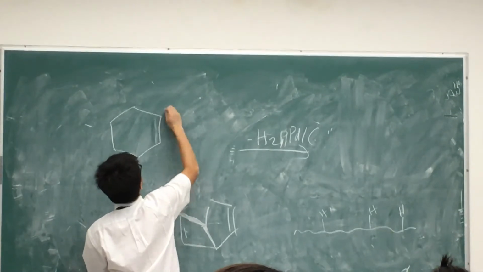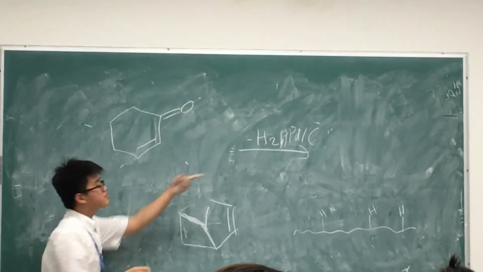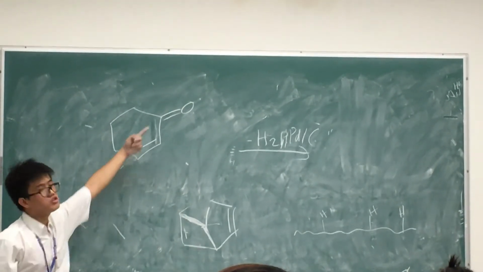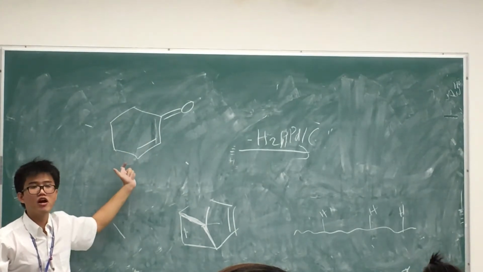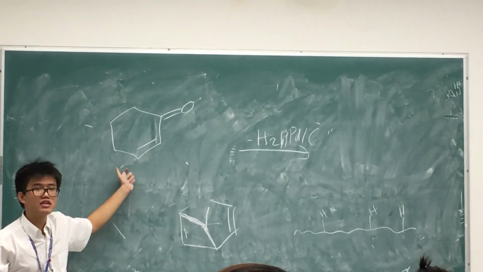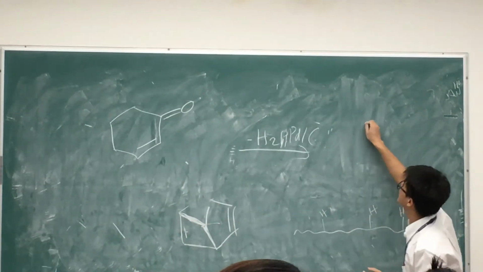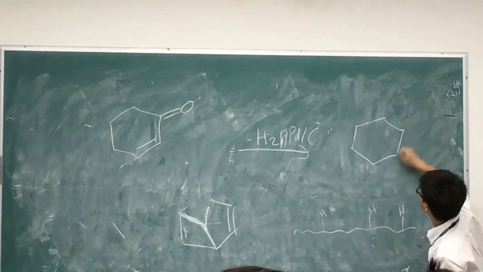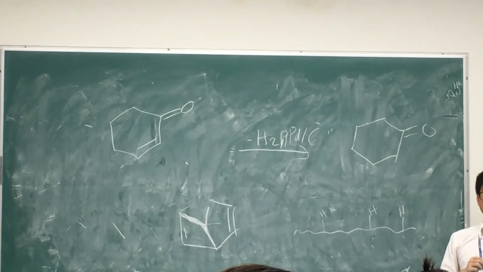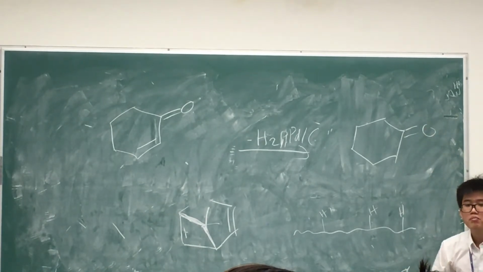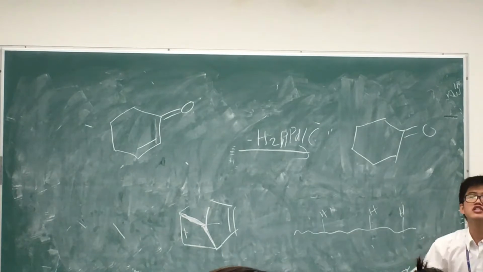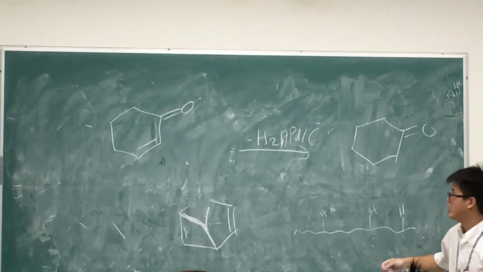What's my product? There are two double bonds, right? Which double bond will react? Yeah, just this one. And the final product will be? Ta-da! Done, right? My main point is they just react with alkene or alkyne.